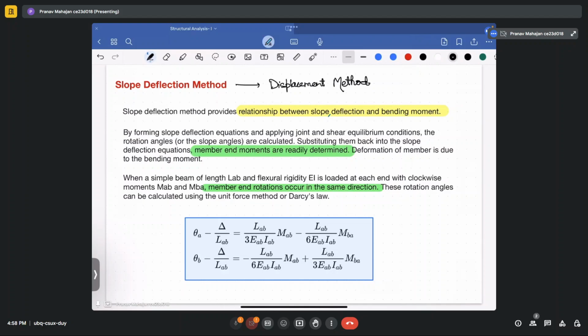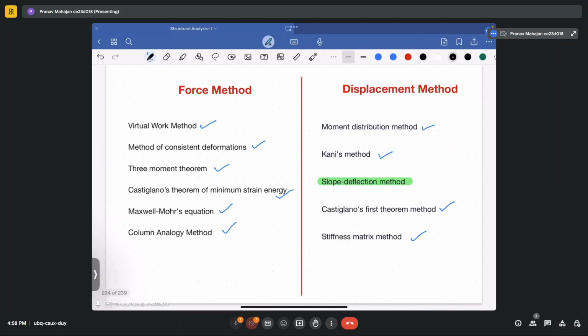Based upon the equations that we derive for theta B and theta C, or any thetas that are unknowns in the beam, we can calculate the end moments of that particular beam or portal frame element.